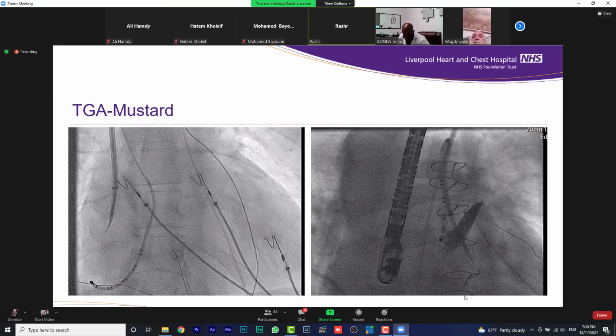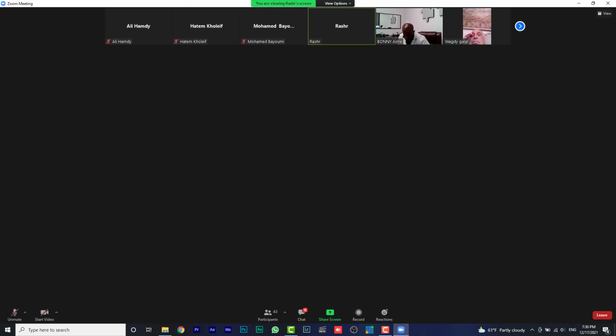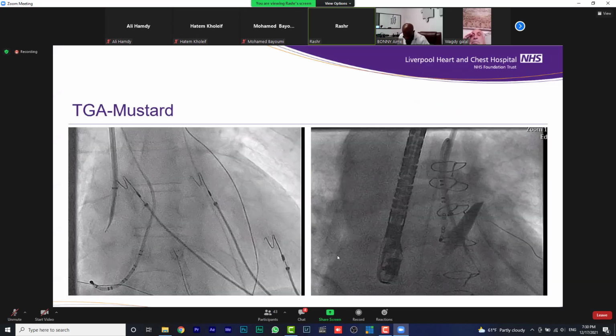And just on the right, I thought I would show one of the more interesting ones. This is from a gentleman with CCTGA who's had a double switch procedure and cardio with his heart rotated more medially. And I tried to come retroaortic, but the catheter course was in a very difficult orientation.